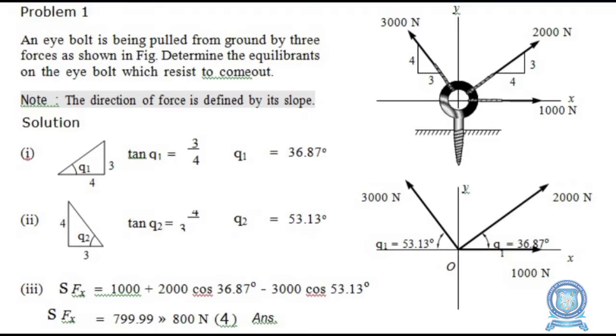Resolving the forces horizontally, we get Sigma Fx equal to 1000, since the 1000 Newton force is purely horizontal, plus 2000 cos 36.87, minus 3000 cos 53.13, because it is in the second quadrant and becomes negative. Solving this, we get the horizontal component summation Sigma Fx equal to 799.99 Newtons, that is, 800 Newtons.